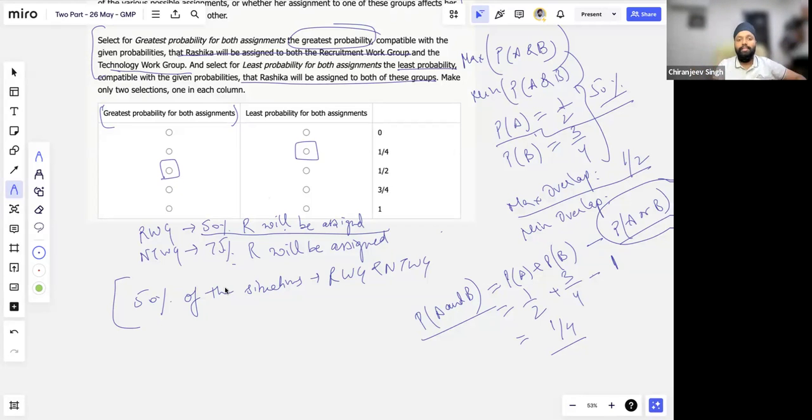right? So let's say there are 100 situations. For simplicity's sake, let's take some numbers. What we are given is कि 50 situations में she'll be assigned RWG and 50 situations में no RWG.